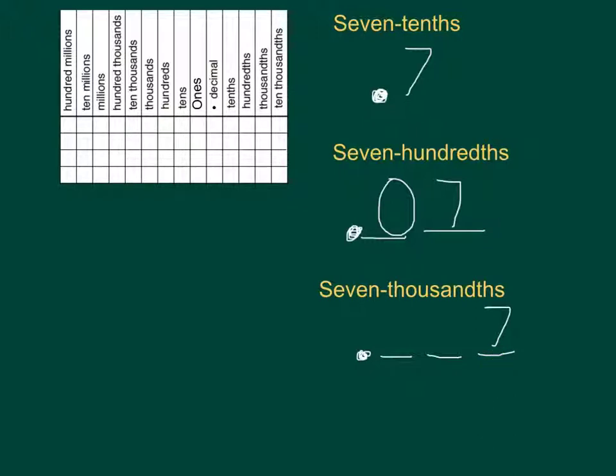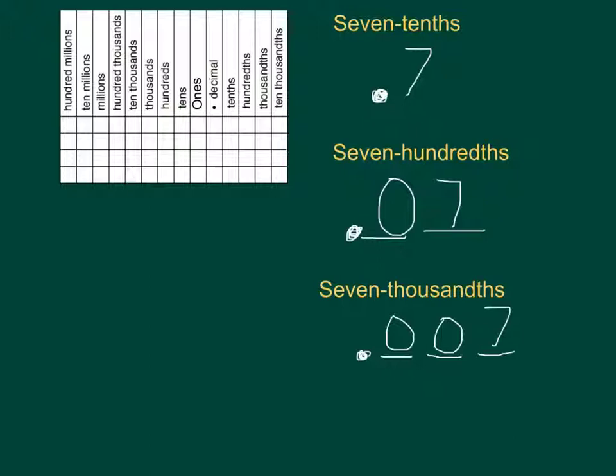So just like with the hundreds, where we added a 0 in the tens place, here we will add a 0 to the tens place again, and we will add a 0 to the hundreds place. This is to let people know that we have nothing in the tens, nothing in the hundreds, and a 7 in the thousands.